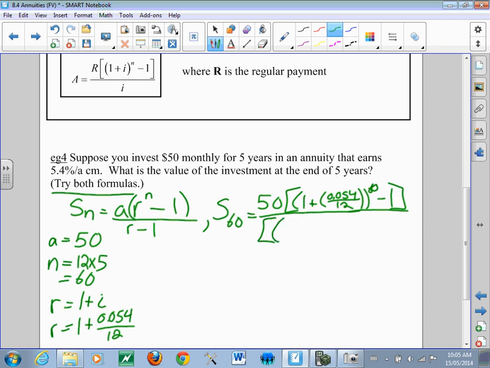So, some people like the graphing calculator because it gets away from doing all these crazy calculations. Okay, so plug in your calculator, see if you can do it. S at 60 equals $3,435.24.